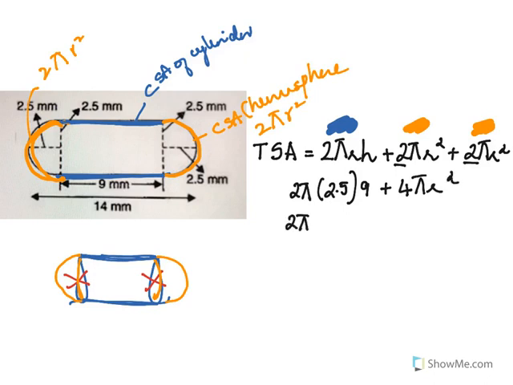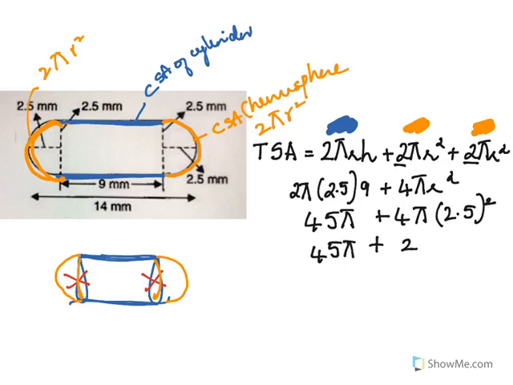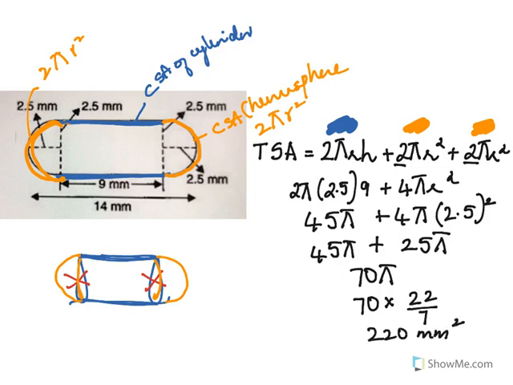So 2 pi times 2.5 times 9, when you multiply this you will get 45 pi, plus 4 pi, and your r here is 2.5 squared. So here you will get 45 pi plus 25 pi, and that will work out as 70 pi. And now we will substitute the value of pi as 22 by 7, and the answer is 220 mm square.